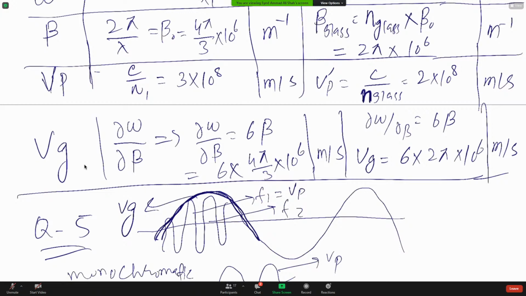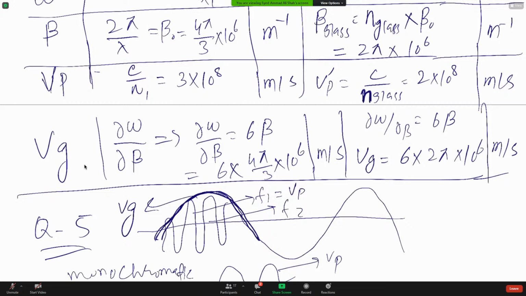But is the formula still c over ng, is ng its own refractive index for the group wave? Yeah, you will calculate it for the group wave, but then when you have the answer, you will say that this is equal to Vp. It's complicated, but it's the same expression, the same answer as Vp.